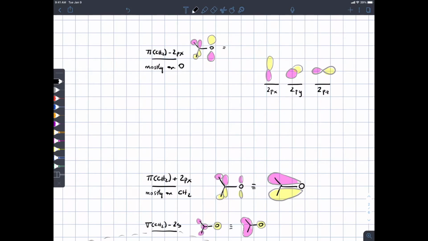And if we drew this the way it's going to look in our MO calculations, what we would see is smaller lobes here and larger lobes on that oxygen.